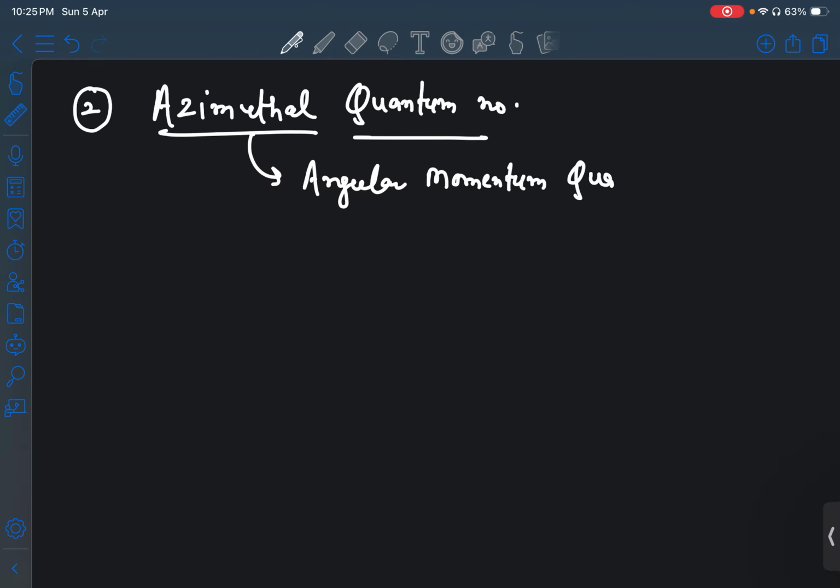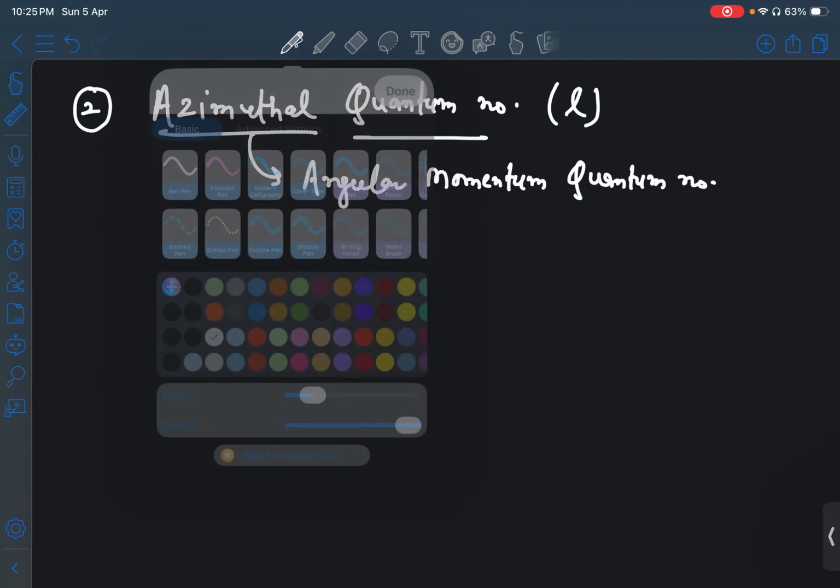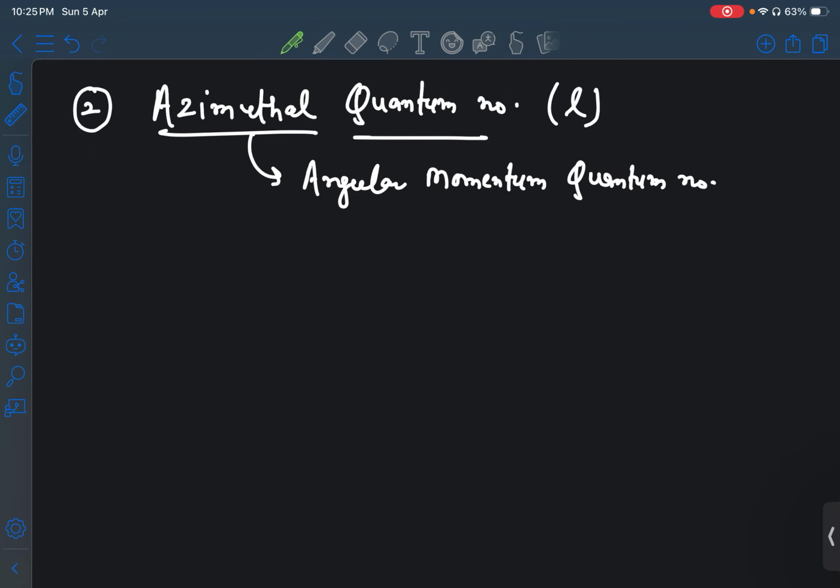It is represented with the symbol small l. Since n tells us the shell, l simply identifies the subshell.